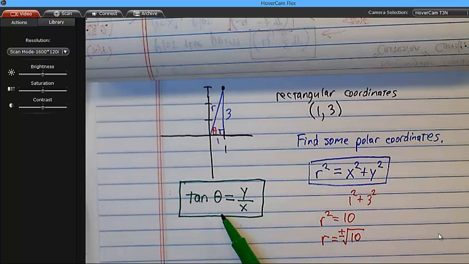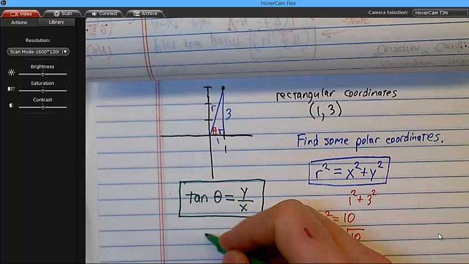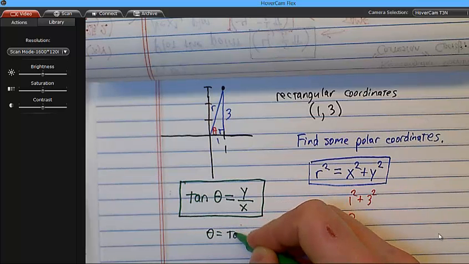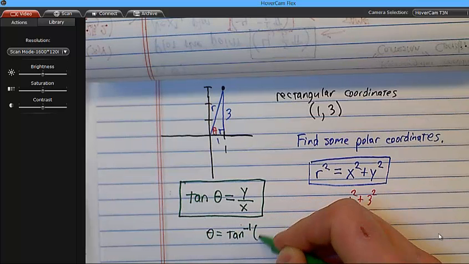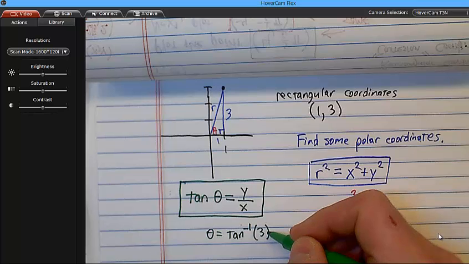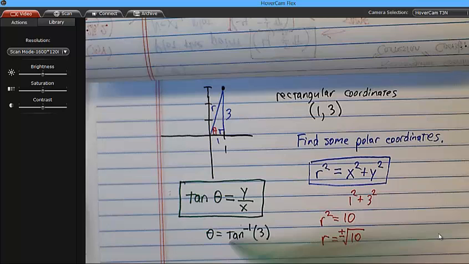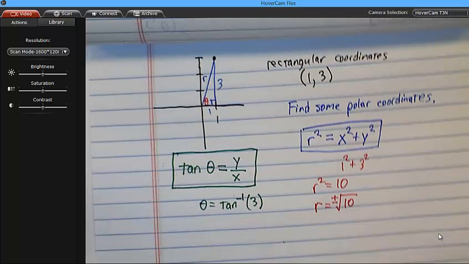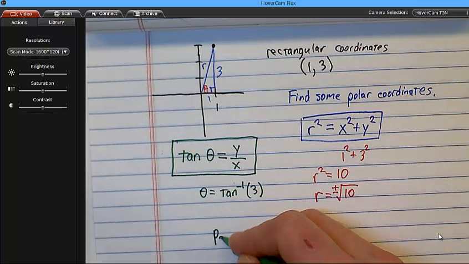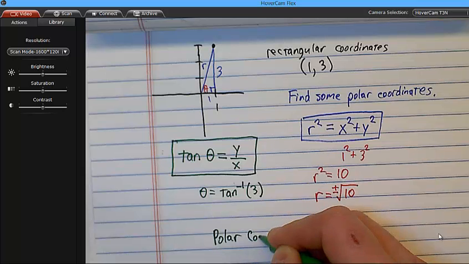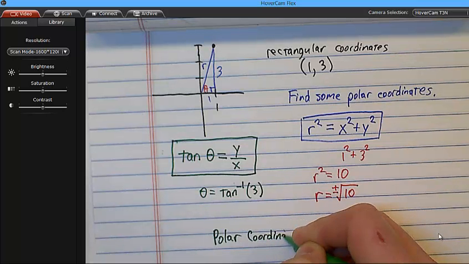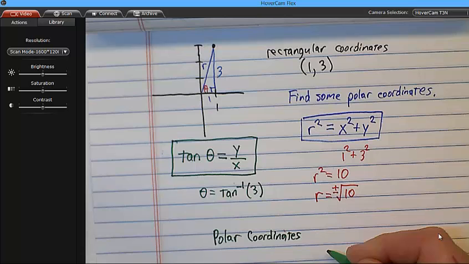And so I guess what you did in this example is you did the arc tangent of 3. Not that I really know what that is. That's not one I have memorized. But that's a representation of that angle. So if I wanted to, I could say that the polar coordinates, and you'll see our book does this, I could use a calculator and get a decimal, but they'll just list it like this.